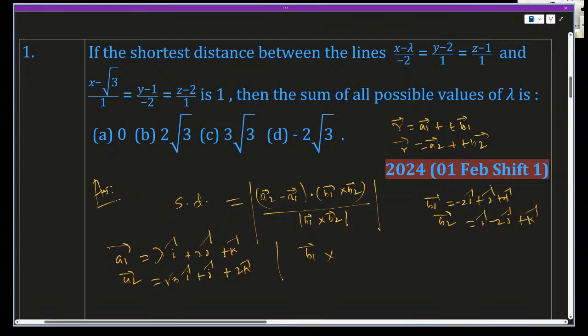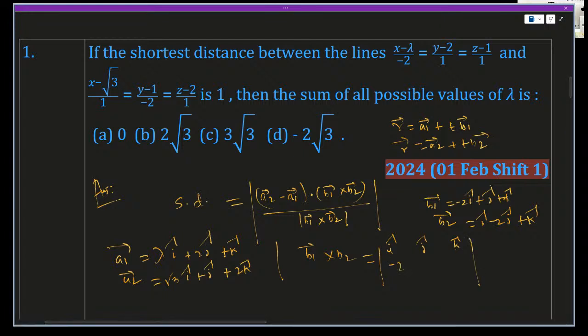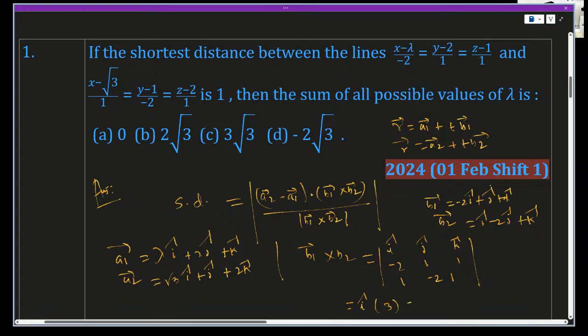So B1 cross B2, if we want to find, it will be the determinant of i, j, k; minus 2, 1, 1; 1, minus 2, 1. Go on simplifying it. i into 1 plus 2, 3. j into minus 3, minus j into 3.